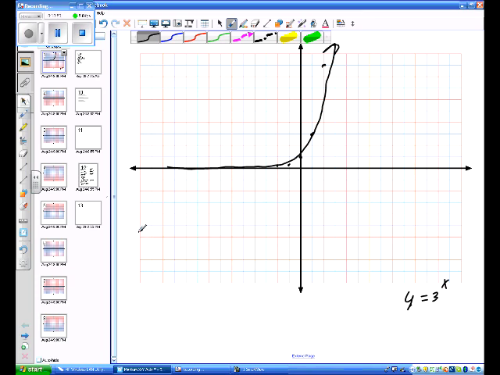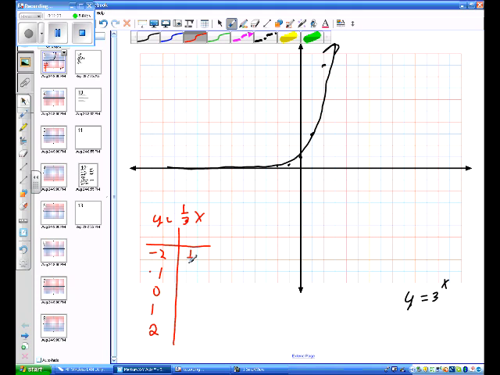Now let's make another table, and I'll make it here on the graph where we can see it. We're going to plot our points. Let me just make it a different color so that we'll know which one goes with which. And let's graph y equals (1/3) to the x. Well, we're going to pick -2, -1, 0, 1, 2.